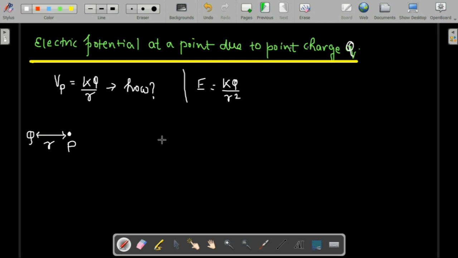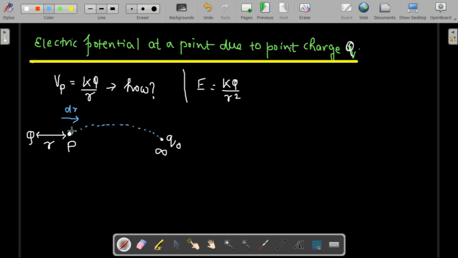So the work done definition, or the potential definition, says that I have got a small test charge Q naught. Test charge means it does not have a field of its own and it's a positive test charge. It is at infinity. Now I will do some work in order to bring this test charge from this point to the point P. And as soon as I bring it at this particular point, I will see that the displacement will be in this direction, dr, but I'm applying a work done.